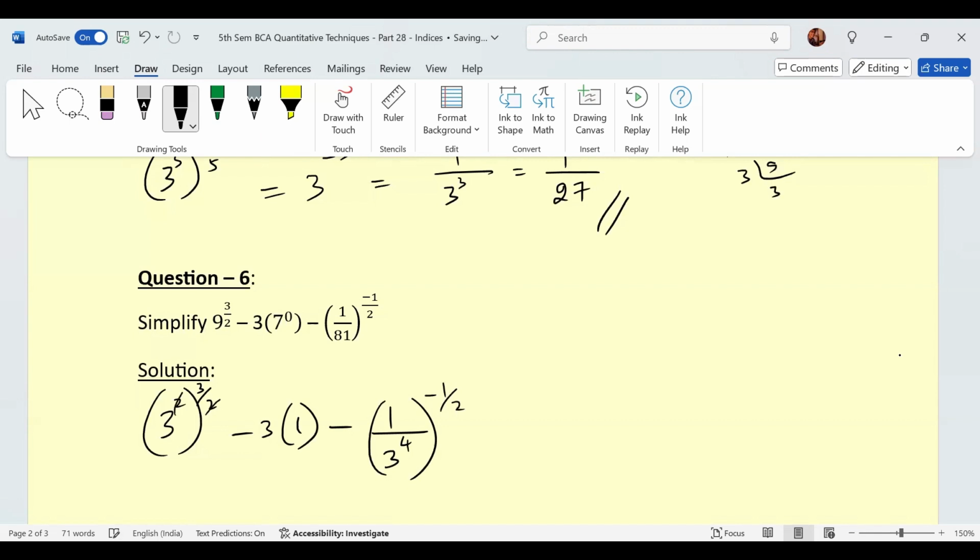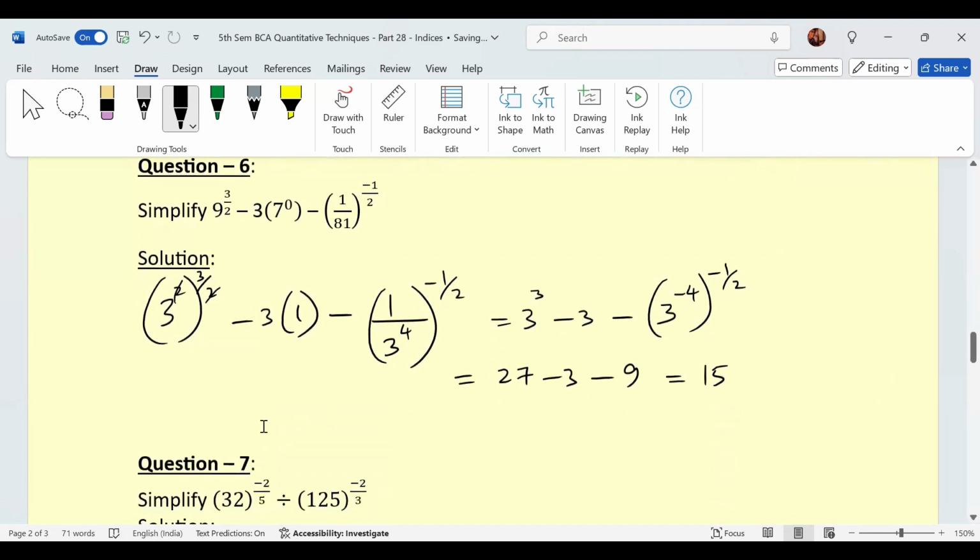Here 2 and 2 get cancelled, you get 3 cube, minus 3, minus this 3 power 4, if I bring it to the numerator, it becomes 3 power minus 4 to the power of minus 1 by 2. So that will give you 27 minus 3, minus into minus in the power becomes plus. 4 by 2 is 2, that is 3 square. 3 square is 9. So 27 minus 12, you get 15 as the result. That is the solution for this.